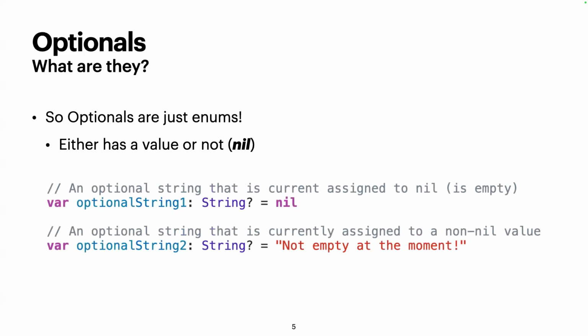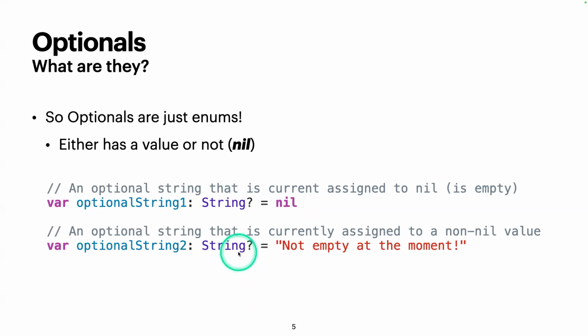So how do we create an optional? This is the syntax. Here we have a variable called optionalString1, and its data type is now optional String. To denote that a variable is an optional type, we simply append the question mark after the data type: String?. And in this case we're initializing it to a value of nil, so we're saying this variable doesn't have a value, an absence of a value.